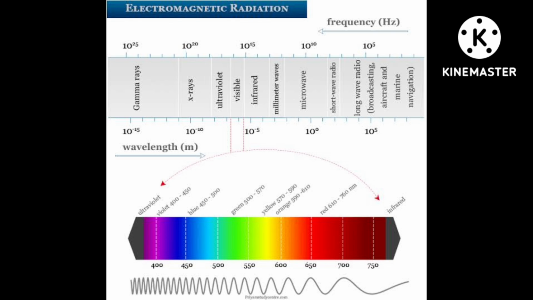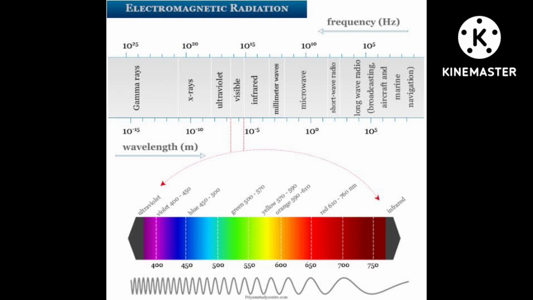Or if you want it in centimeter, then 1.724 into 10 to the power 4, because meter is converted into centimeter. Now it became 1.724 into 10 to the power 4 per centimeter. Very easy, you have calculated the wave number.